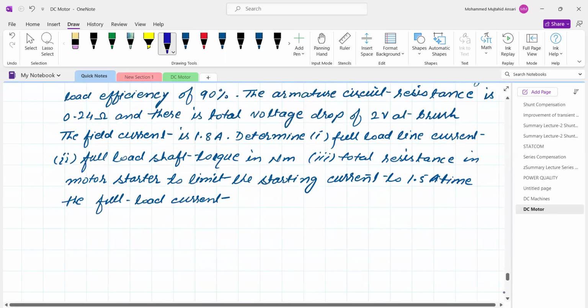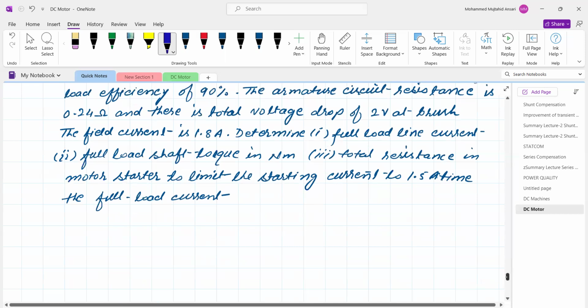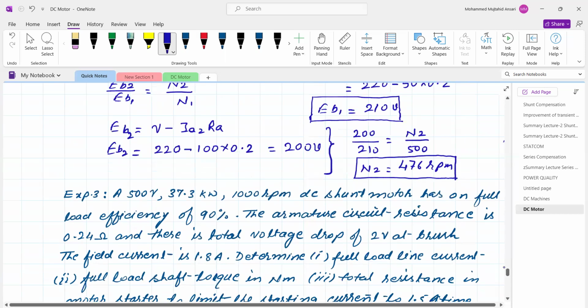The second example is a 500 volt, 37.3 kilowatt, 1000 RPM DC shunt motor that has a full load efficiency of 90%. The armature circuit resistance is 0.24 ohms, and the total voltage drop at the brushes is 2 volt.